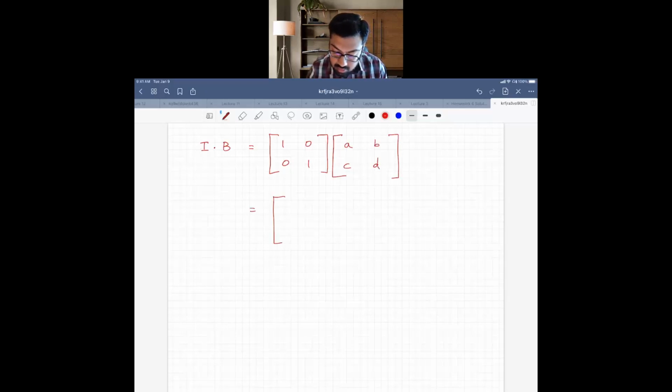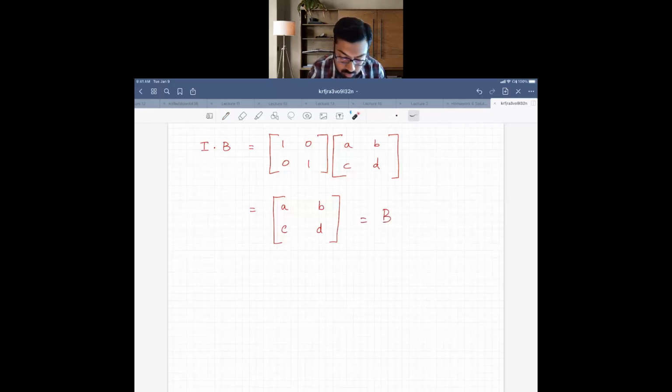Well, you have this multiplied by this to get the first row, first column element in the answer. That would be A times 1 plus B times 0, which gives you A. Then B, then you'll have C here and D here, right? So you will get back the same matrix B.